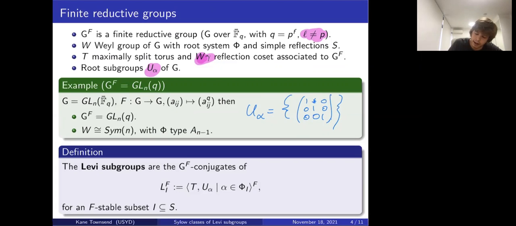And this L_I is, you take a group generated by the maximally split torus and U_alpha, and the alphas that you choose is some sort of parabolic subsystem of the generating reflections, and then we take the Frobenius fixed points subgroup of this group generated. And you just want to make sure that the subset I is stable under the action of F.